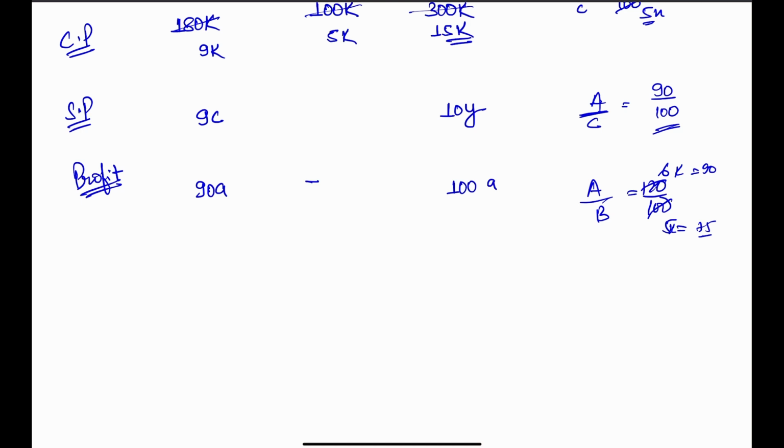So it will become my 75A. Now if I want, I can reduce it into the simplest form. Divisible by 5, this will be 18A, this will be 15A, this will be 20A.